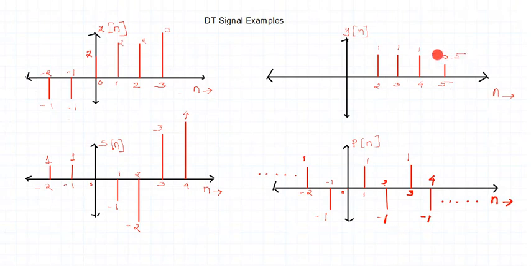Yes, it can be. The magnitudes can take any value, but the base, the discrete time index n, always takes integer values. So try to understand the difference here. The base always takes integer values. Magnitudes can be non-integer.